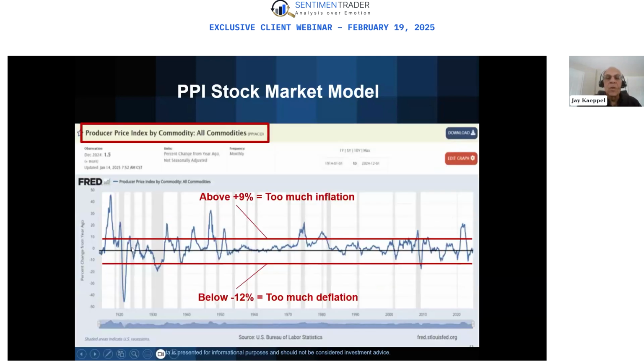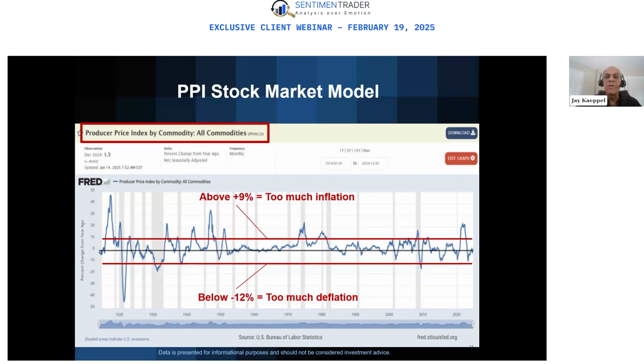Well, first, let's get a broader picture of inflation. This blue line here is the 12-month rate of change in the Producer Price Index going back over 100 years. And basically, above 9% we call too much inflation. Below minus 12% is too much deflation. Everything in between is basically moderate inflation.